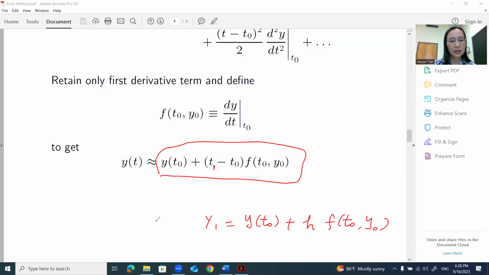And this y1 is approximately equal to the solution curve at t1. We just simply try to see that approximation at t1. So this notation is the exact solution curve, y, evaluated at t1, and that can be approximated by this linear function.